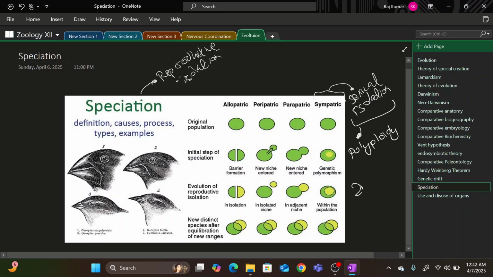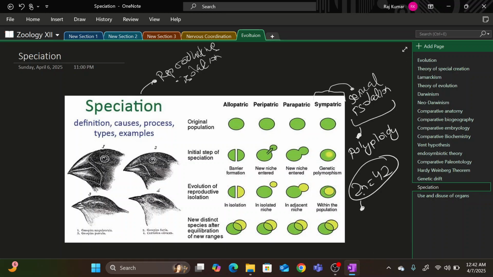For example, if there is a wheat variety with 42 chromosomes, diploid, then it would not breed with some wheat varieties within the same population which have the diploid number of chromosomes as 21, or as 12, because that is something it cannot do. Due to this reason there is a sexual isolation, which leads to formation of a new species.